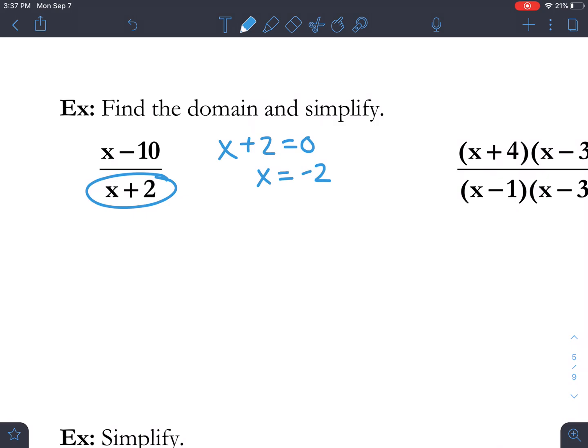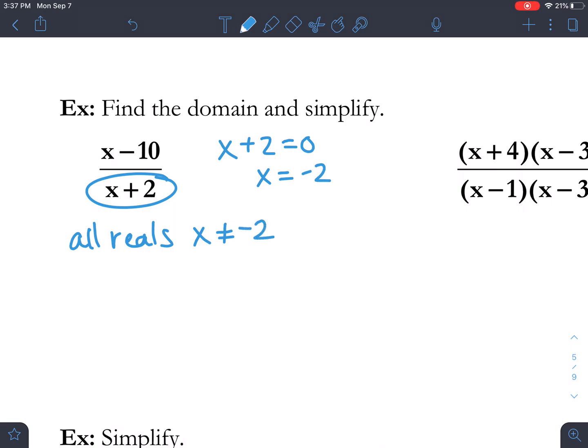That is undefined. If I plugged in 10, I would get 0 over 12, which is actually just 0, so that's fine. It's only when that denominator is equal to 0 that we really have an issue here, guys. So basically what we have here is all real numbers, except x cannot be negative 2.